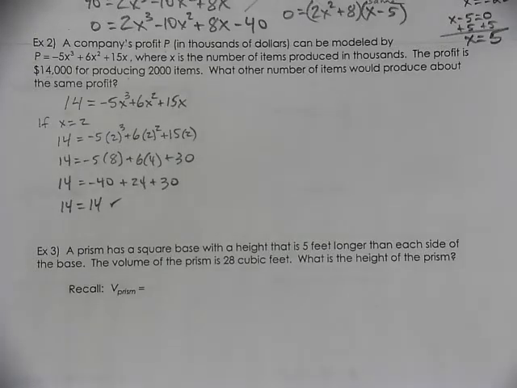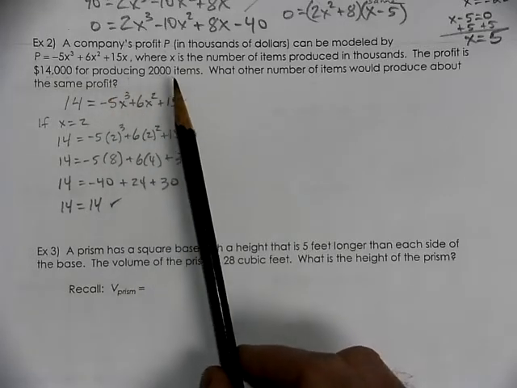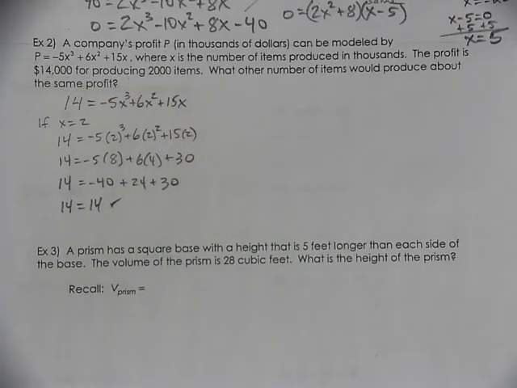We could try 2. Well, I guess 2 works. We could try 3 and 4 and 5 and 6. Should we try negative numbers? Should we do plus or minus 1? That's what we usually do. We're not producing negative numbers. So no, we're not going to produce a negative 1,000. No need for that.